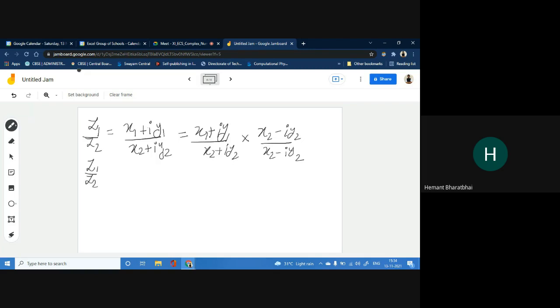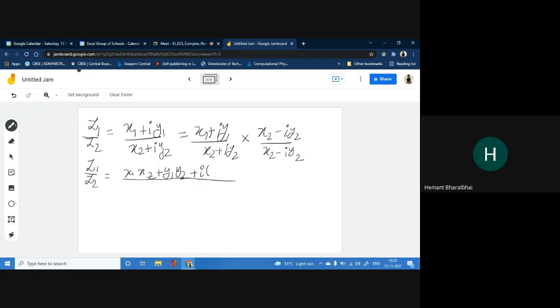z1 upon z2 is equal to, here I will have to physically multiply. x1 into x2, so that will be x1 x2. This iy1 into iy2 will be i square, which we have already seen, so that will be plus y1 into y2, plus i will be common.